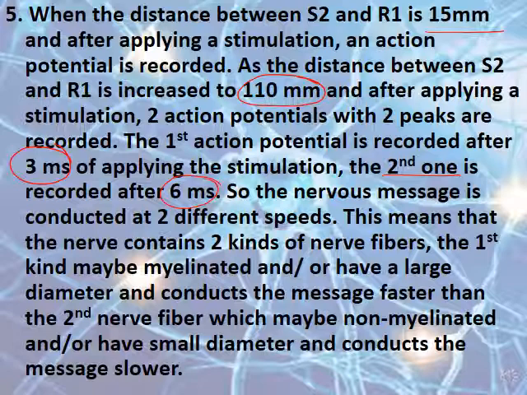The first kind, maybe it's myelinated and has a large diameter and conducts the message faster than the second one, which may be non-myelinated or having small diameter and conducts the message in a slower manner.